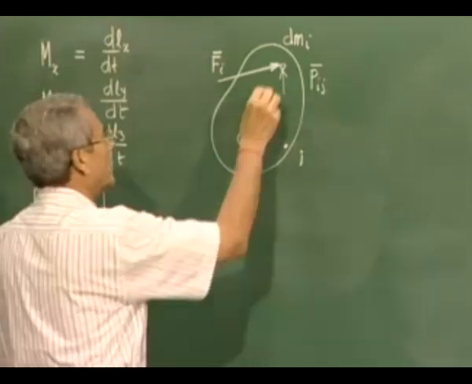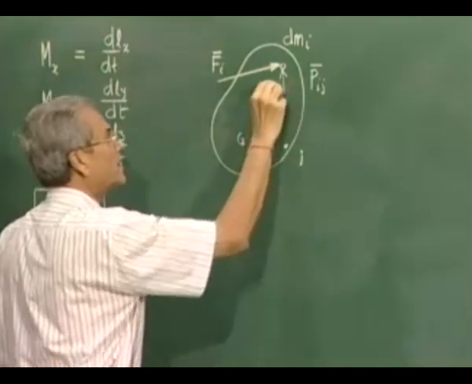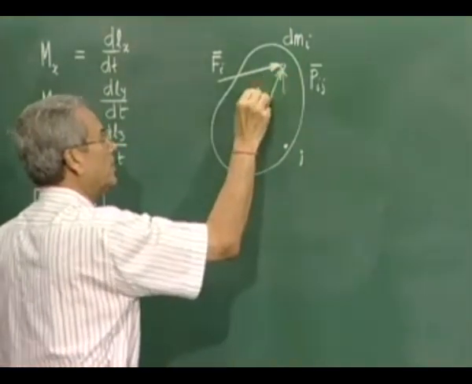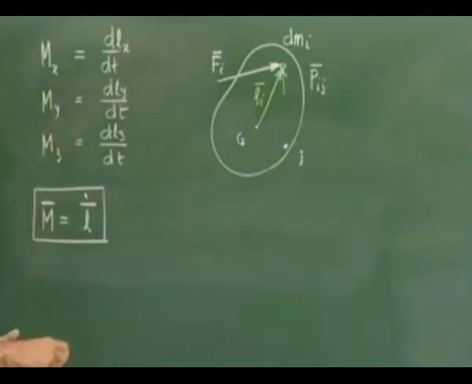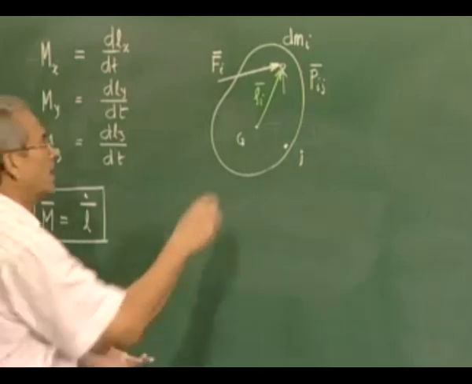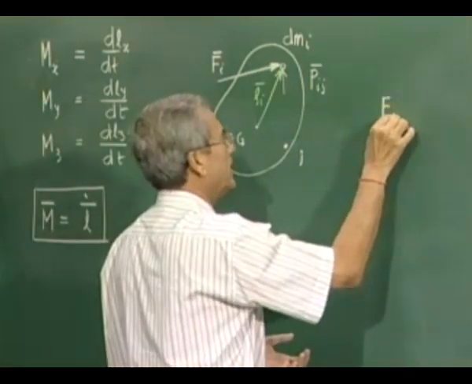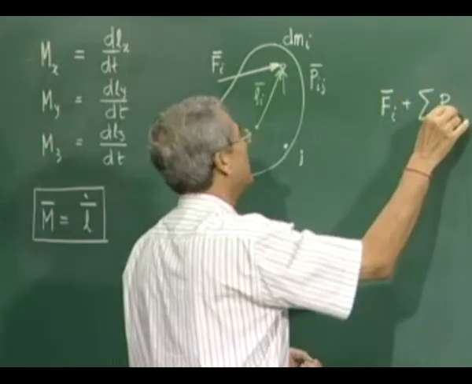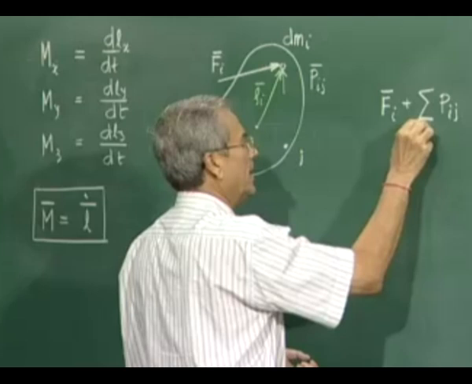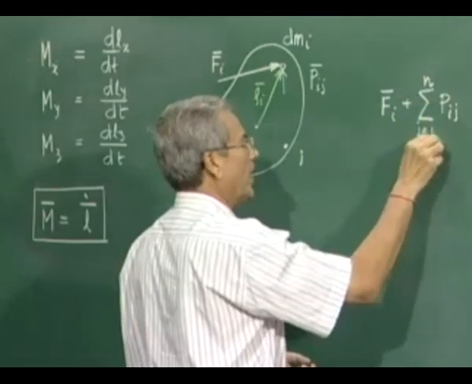So if the position vector of this be rho i, then the total force first of all is Fi plus the sum of Pij, j from 1 to n, j not equal to i.